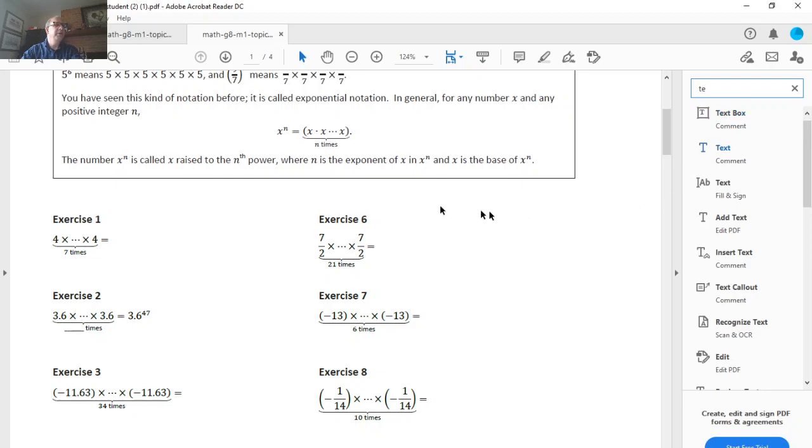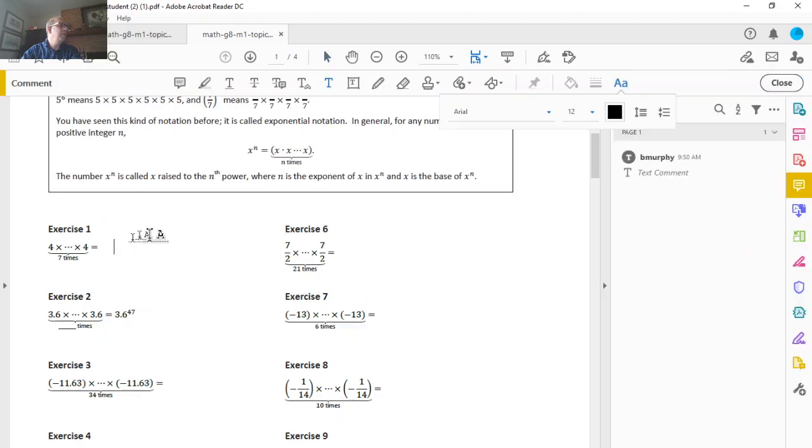So that would be 4 to the power of 7. Now in computers, getting the 7 to be a little 7 up by the 4 is difficult. That's why they do this. But we can use what is called a caret key. It's right above the 6, so you hit shift 6 to get that.